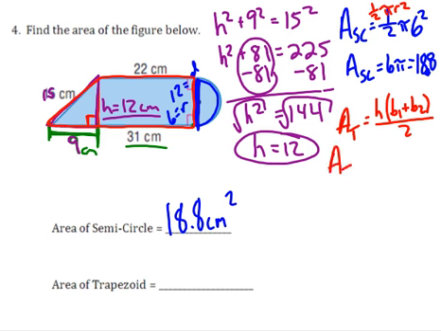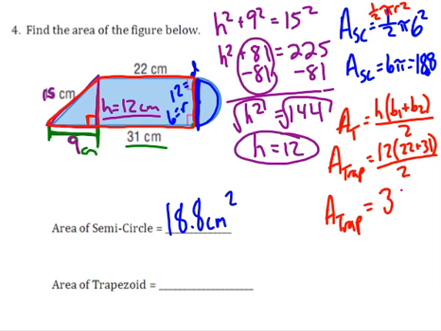So area of the trapezoid is going to equal, the height is 12. It'd be 22 plus 31, all divided by 2. So the area of the trapezoid is going to equal 22 plus 31 will give you 53, times it by 12, divided by 2. You get 318 centimeters squared.